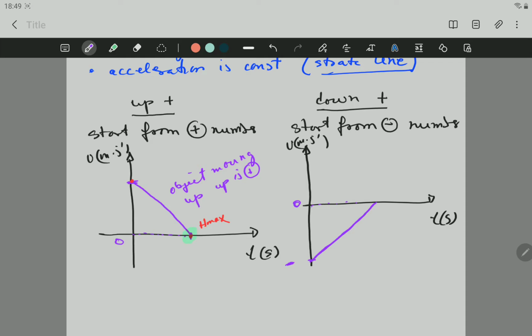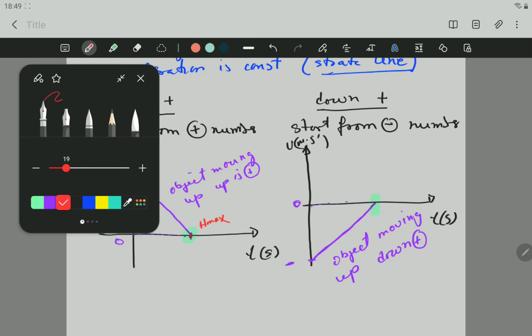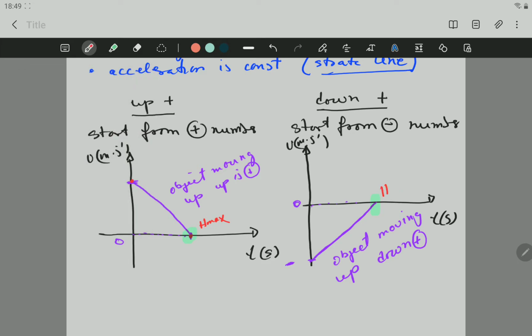So here, this is an object moving up, but down is positive. So that is the difference. Here, at this point, the projectile will be at the maximum height.